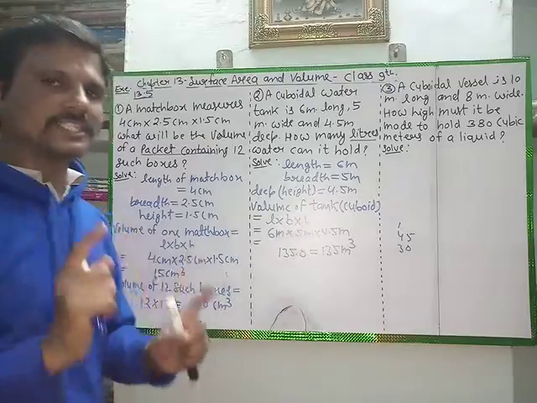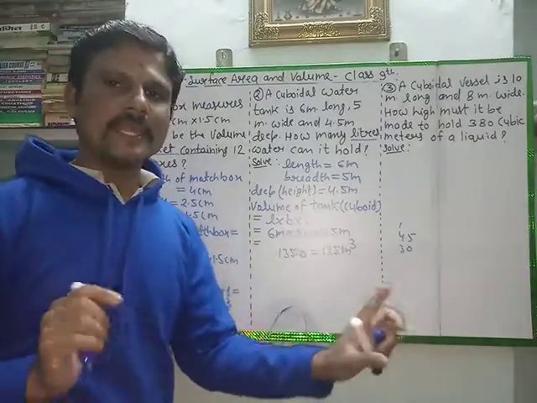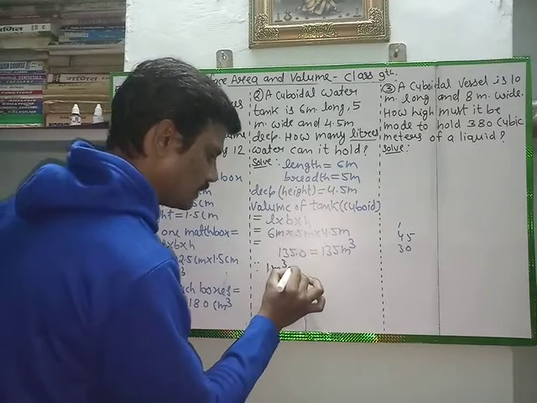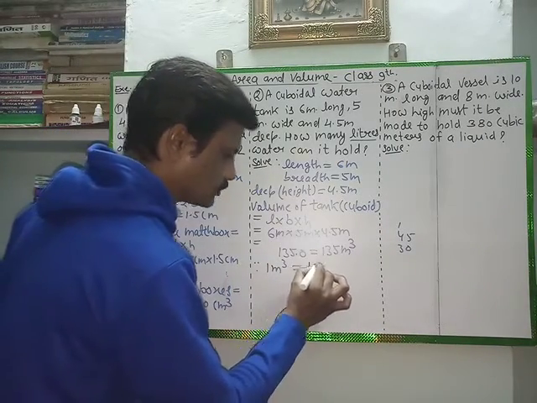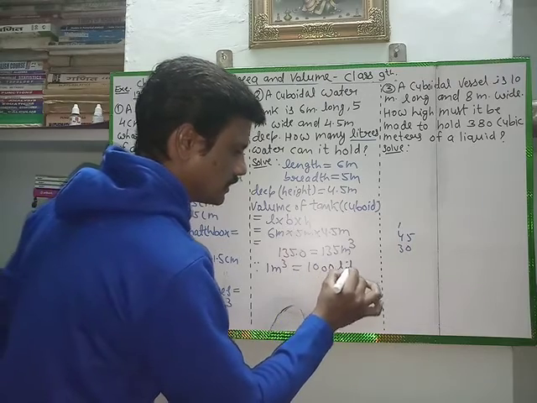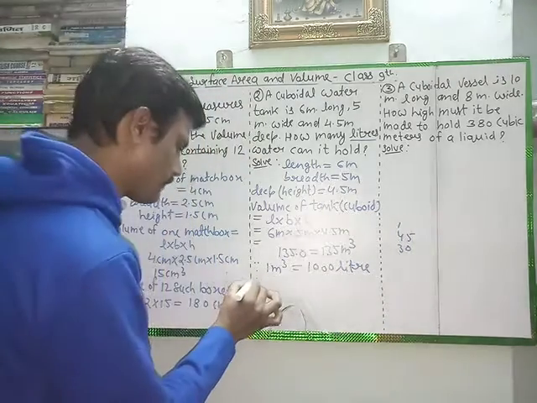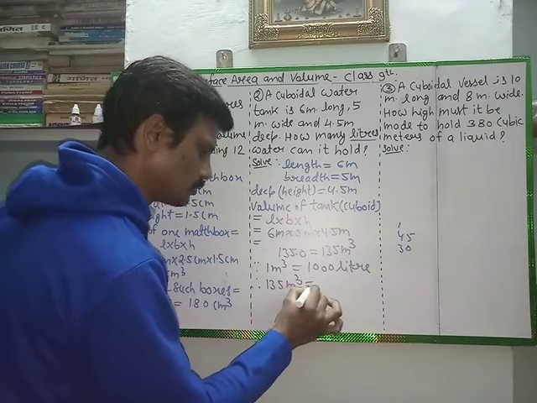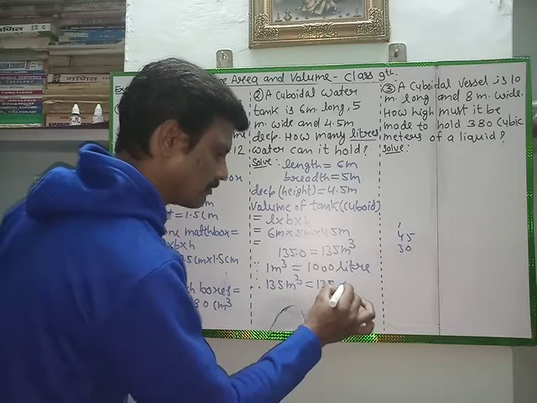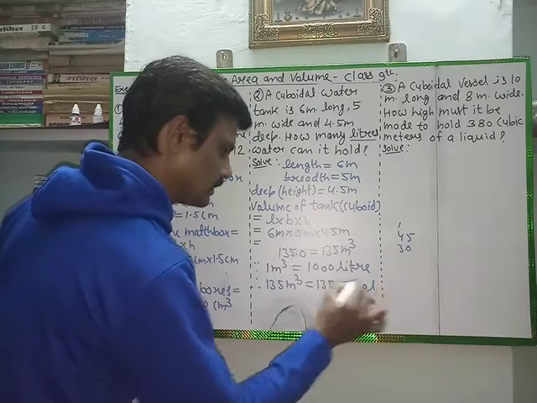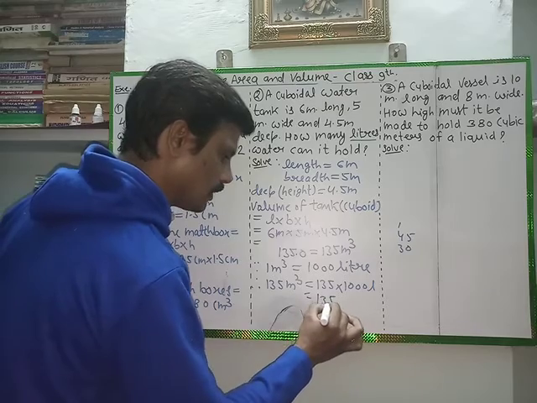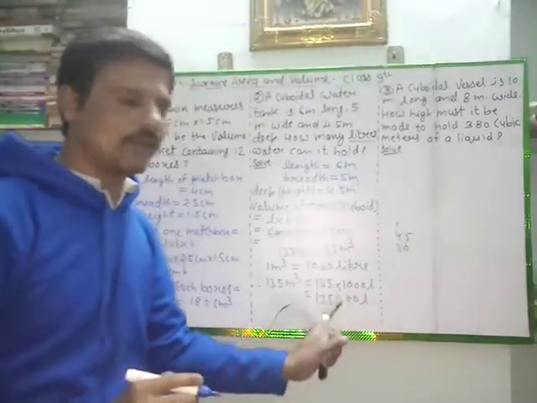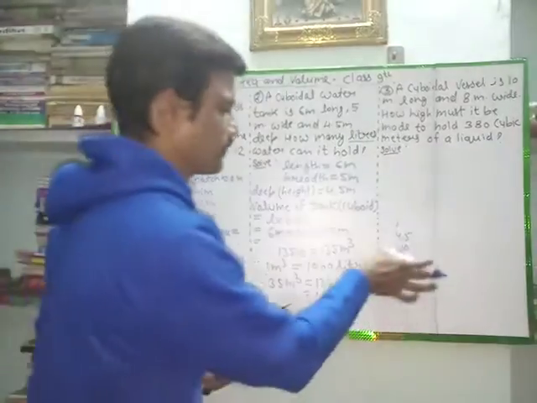Now one relation between the meter cube and liter: 1 meter cube is equal to 1000 liter. That's why 135 meter cube is equal to 135 multiply with 1000 liter, means 135000 liter. So this is the capacity or volume of this tank.